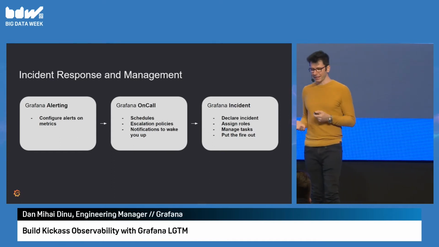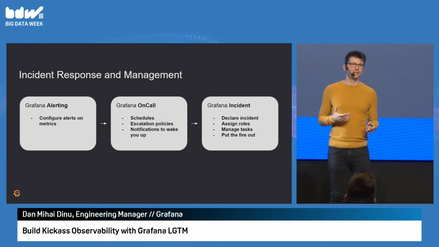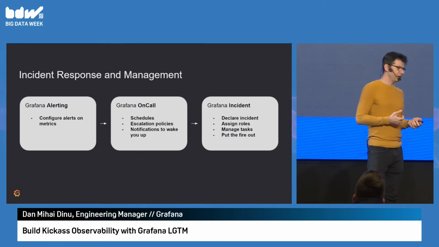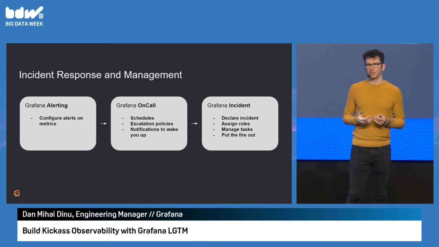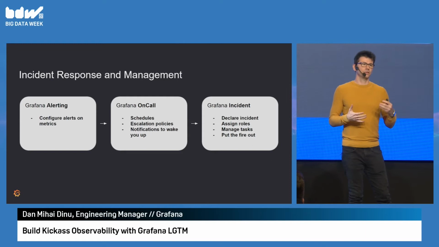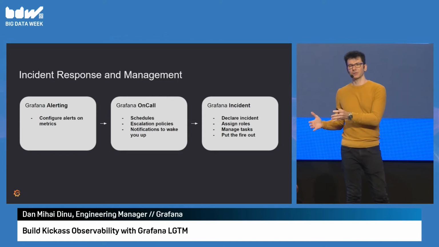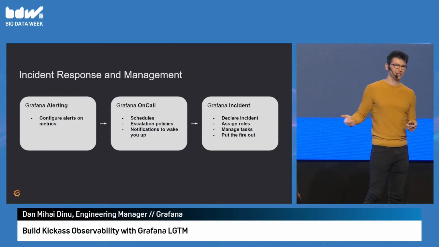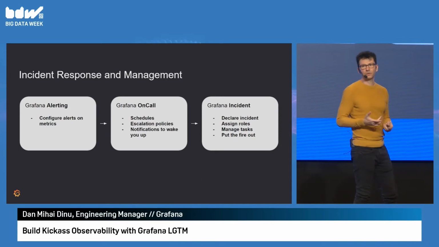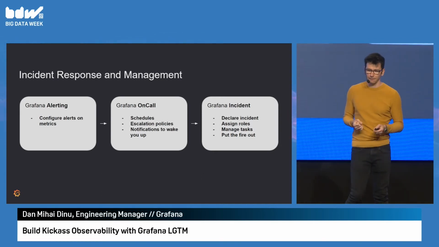And Grafana Incident helps you with that. You can organize tasks, assign roles, and have one single point of information for everything. You can connect it, for example, with Google Meet. It automatically generates a meeting for you. You can connect it with status page so that your customers are automatically notified that there is some problem, but that you know about it, you're working on it, they don't have to call you, right?